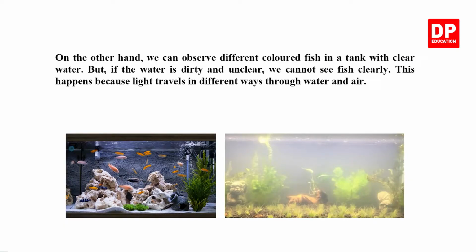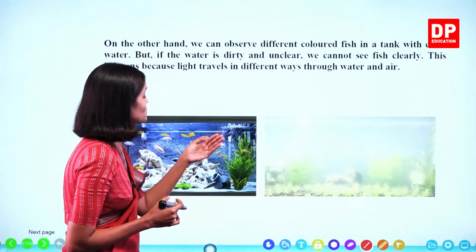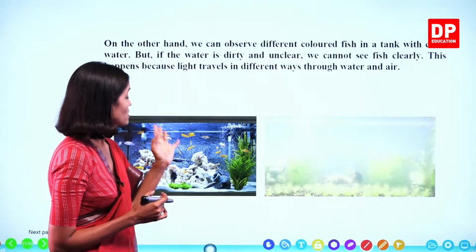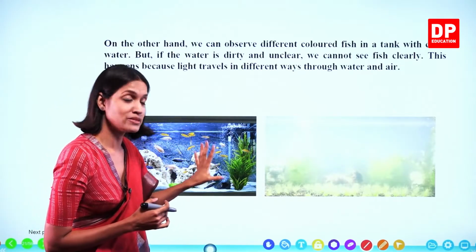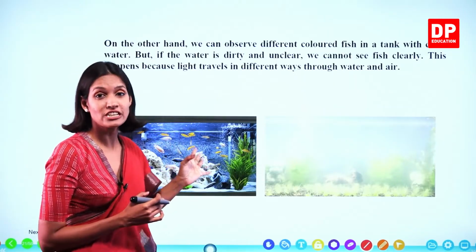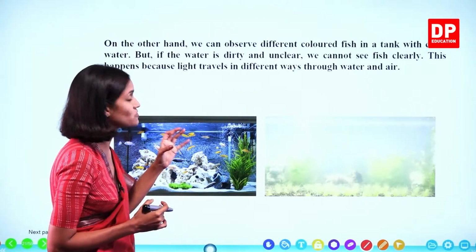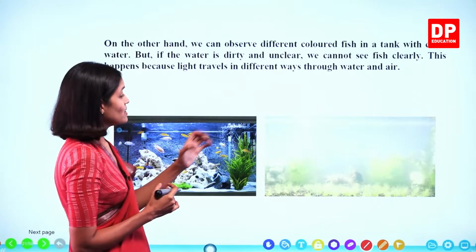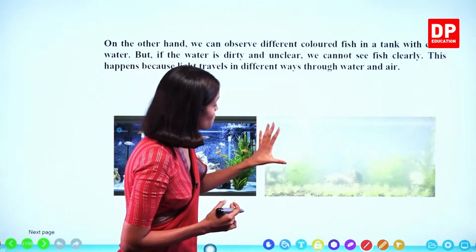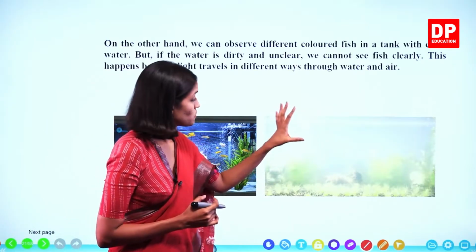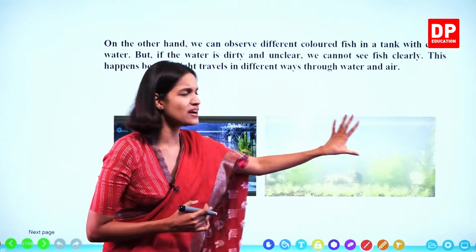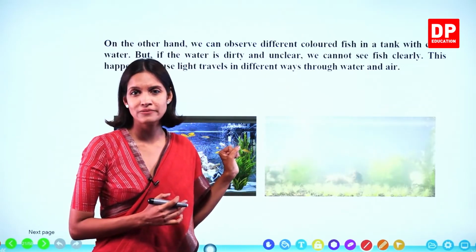So when you compare these two pictures, when you look at this picture, you can see the environment inside the fish tank very clearly. That is because the water is very clean, right? But here the water is not very clean. The water is a bit dirty. Therefore, you can't see the environment very clearly.